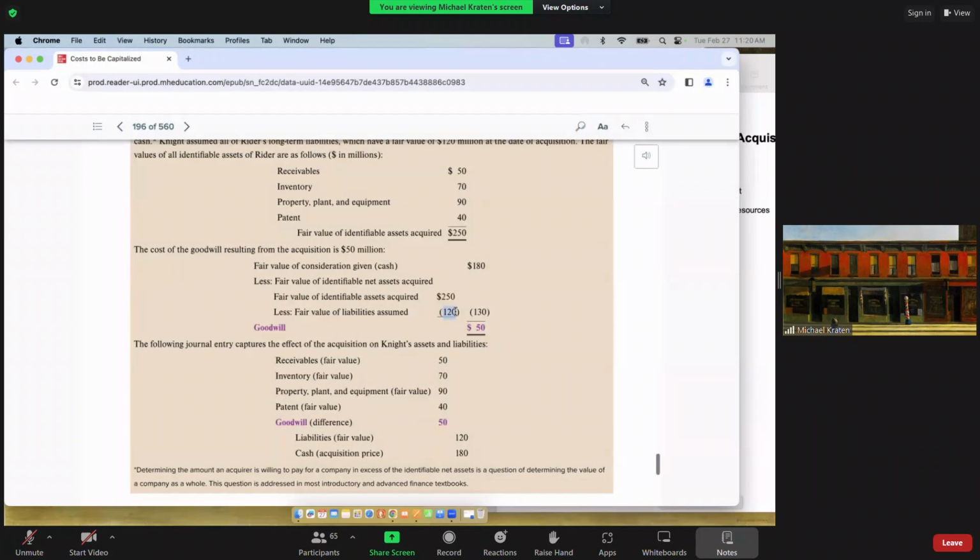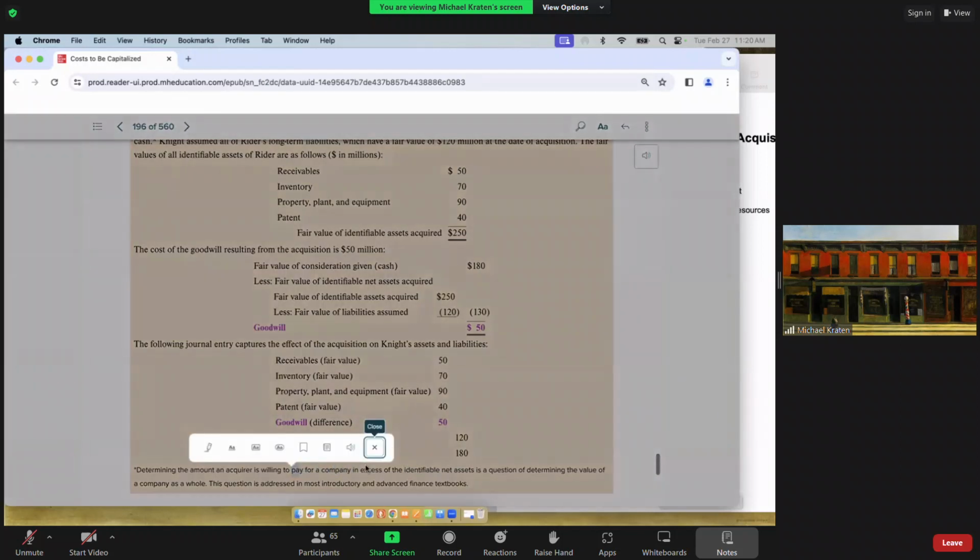The identifiable liabilities are 120. Thus, the identifiable assets net of liabilities, that's what the textbook author means by identifiable net assets, assets minus liabilities, 250 minus 120, or 130.